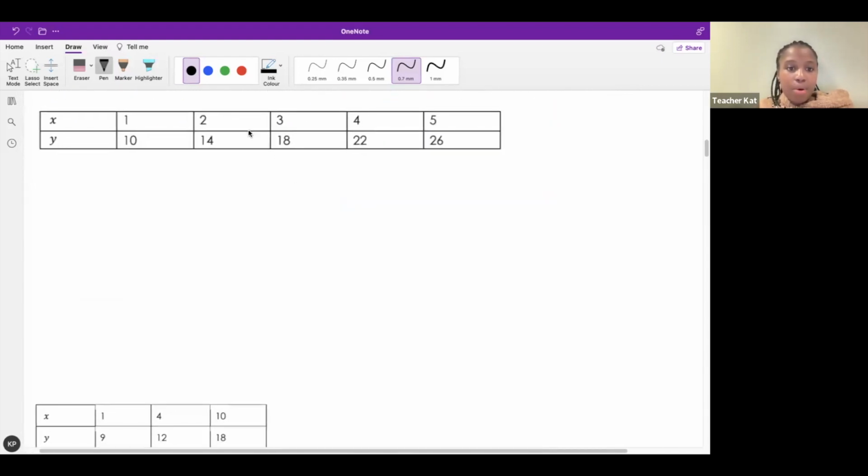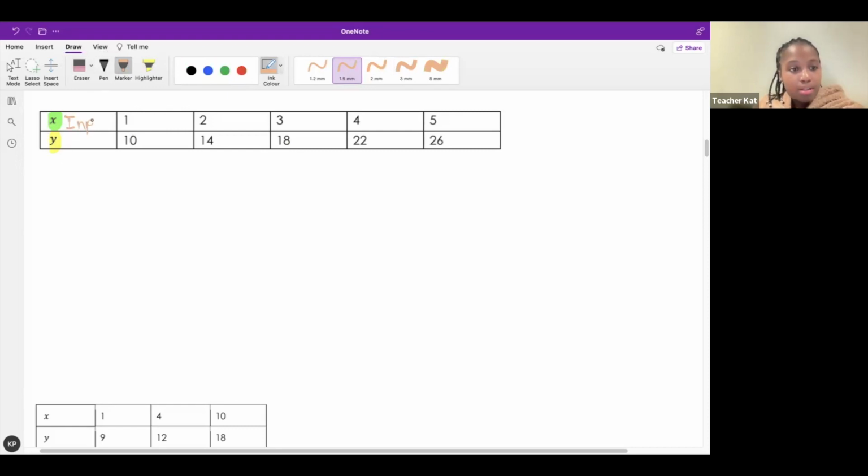Okay, now we're going back to looking for the formula. We've been given an input and outputs, and we want the formula. Does anybody remember how we looked for the formula when you've been given your input and your output? Which ones do we look at to determine a general formula? Do we look at my input or output?